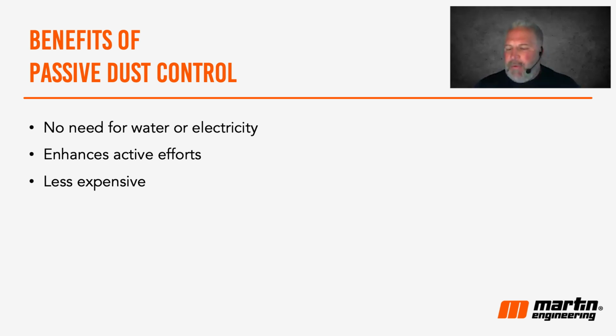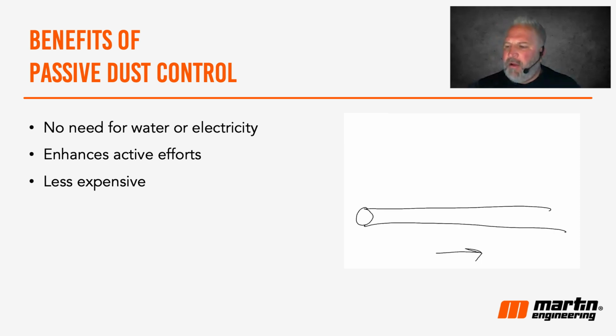So what is a passive dust control system? It's pretty simple. Let me just draw this out for you. If this is our tail pulley and this conveyor belt's running to the right of our screen, and this material comes through a loading chute like this, and let's try to make it three-dimensional for you.